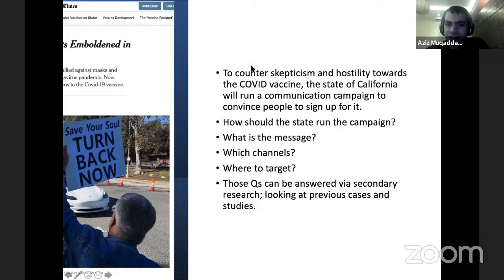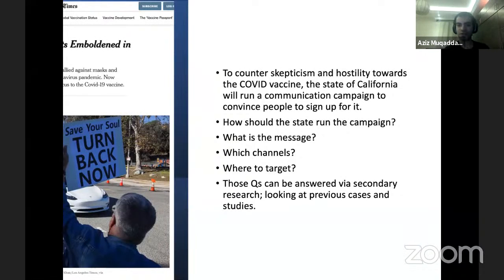Another question is, what's the message? So is it like, hey, take the vaccine, it's safe? And is that going to be successful? How are you actually going to formulate a message that is appealing to people who are skeptical, right? It's a different message if you're talking to people who are willing to take it but don't know where to sign up, versus people who are skeptical.